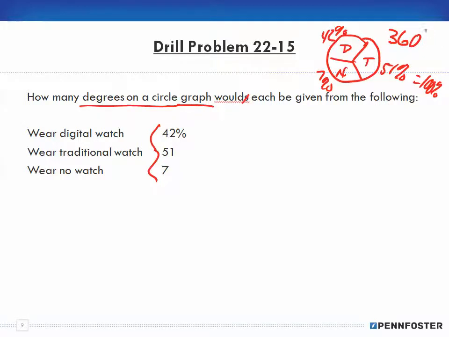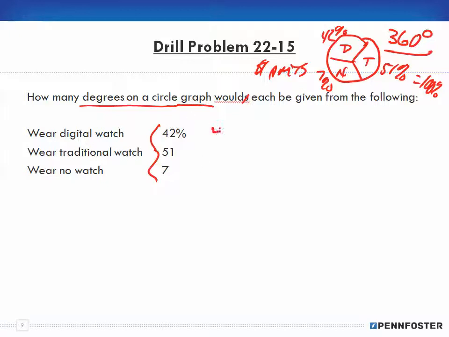So even though we're not talking about dollar amounts, we're talking about degrees, it's the same underlying concept, just applied to something else.